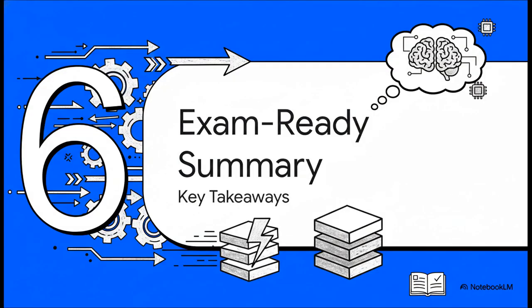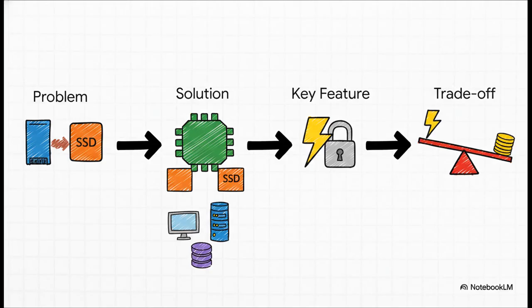All right, let's conclude with a rapid summary of the key concepts from this lecture. These are the points you must retain. Let's review. The problem: a performance and cost gap between volatile DRAM and persistent SSDs. The solution: Intel Optane, a new memory tier based on 3D XPoint technology. Its mechanism: a persistent byte-addressable memory.